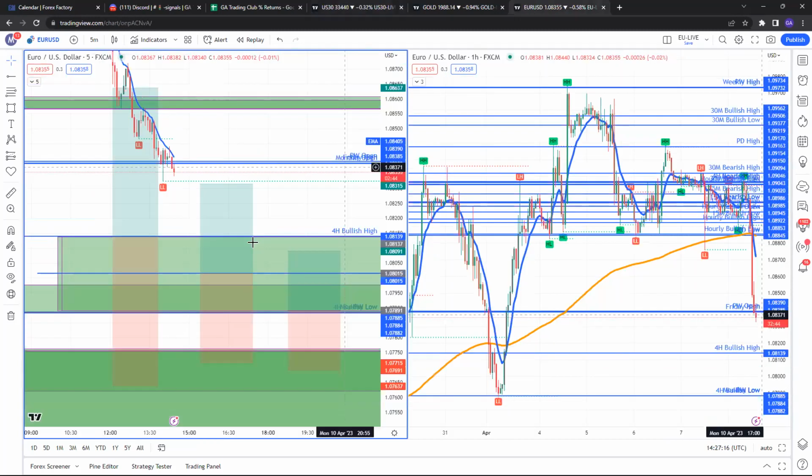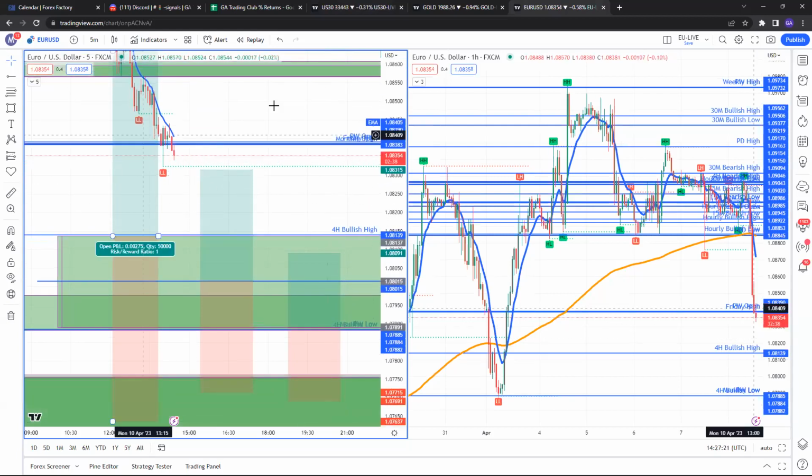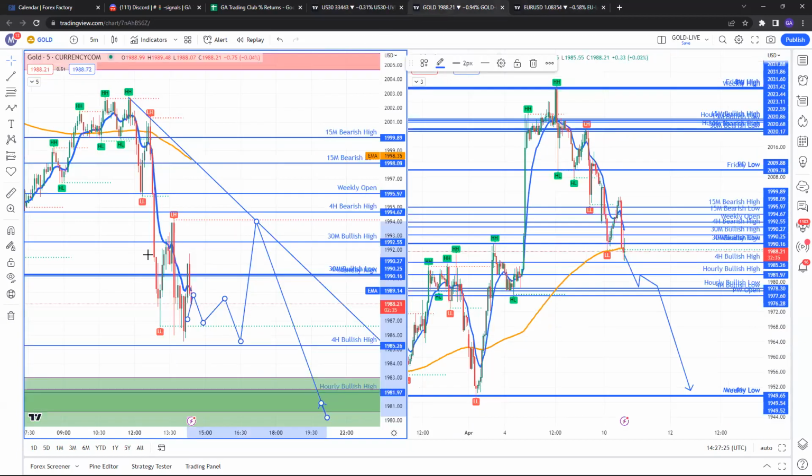And ideally, this is what I'm looking for, this EU trade. And I like seeing this. So I like seeing this meltdown of EU. Gold still consolidating.